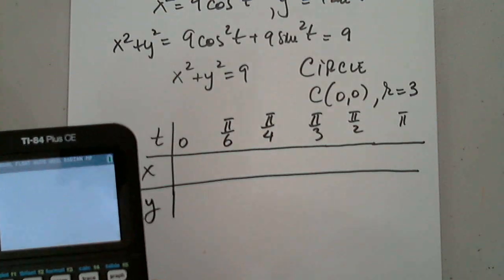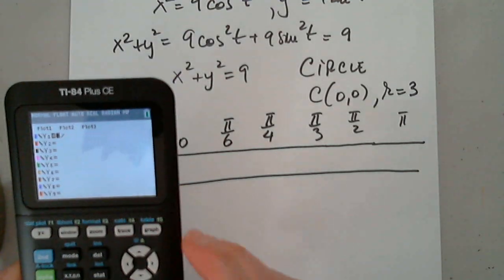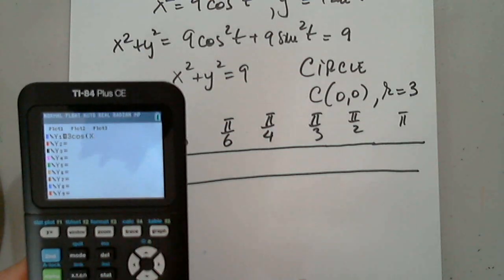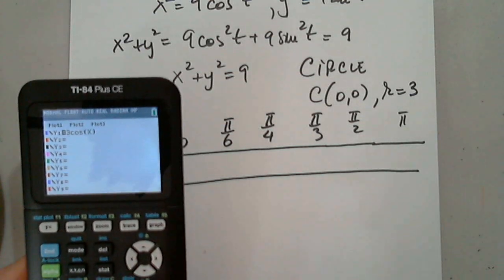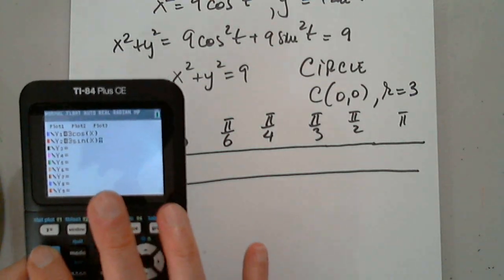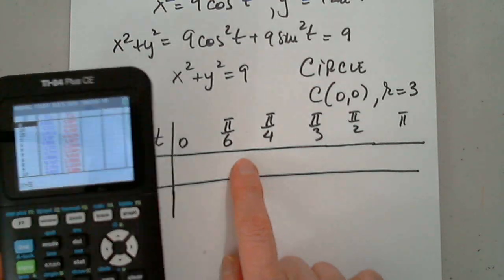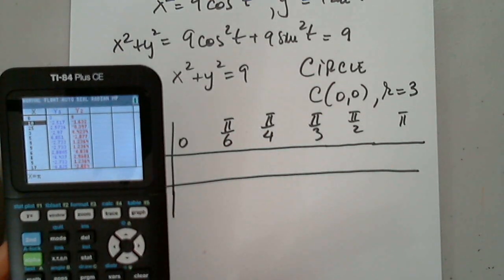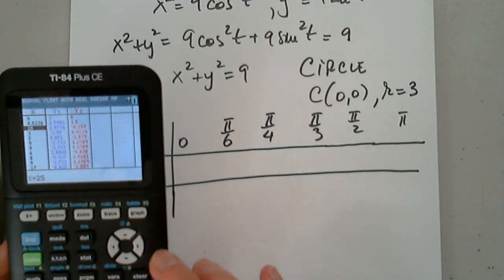I'm going to do this. In y1 equals, I'm going to punch in 3 cosine x. In y2, 3 sine x. And then I go and punch in what I need. I need 0. I need pi over 6. I need pi over 4.